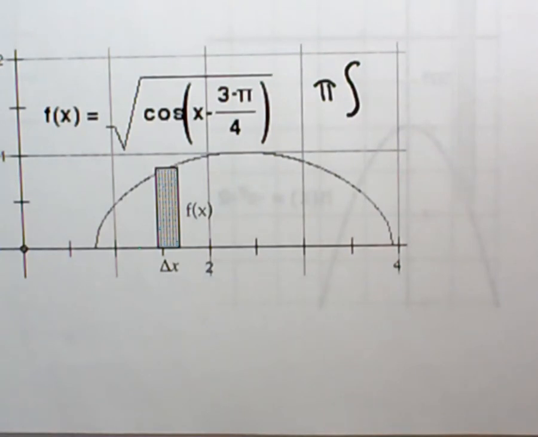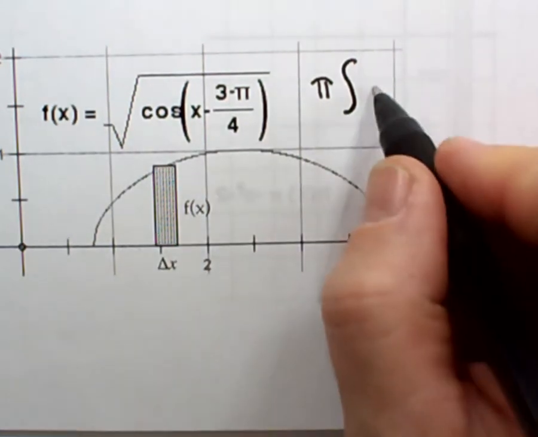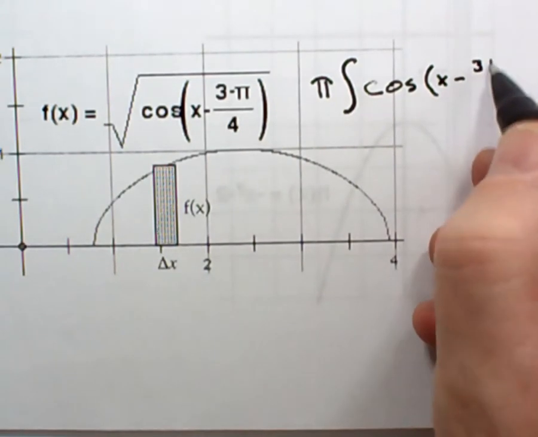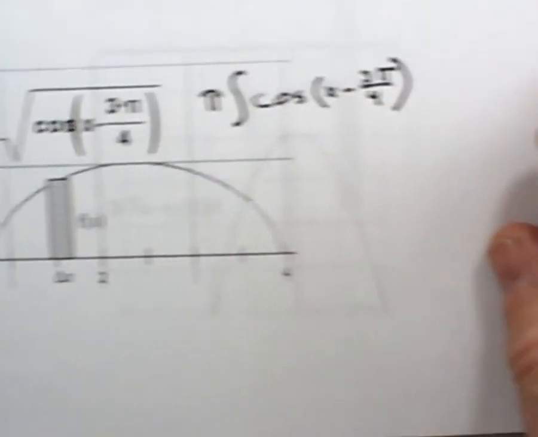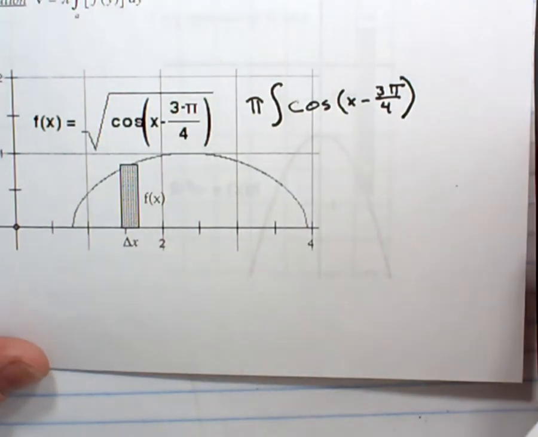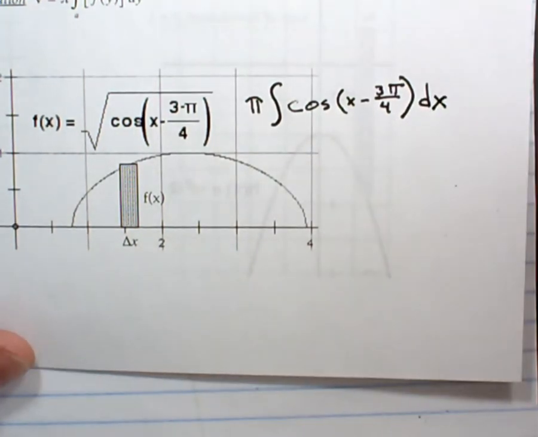No one knows anything else they can contribute. Oh, why can I put it in there without the square root? Okay, so when I square this, I'll eliminate the square root. Okay. So far, so good. What else? What? dx. Awesome. Perfect so far. What else?